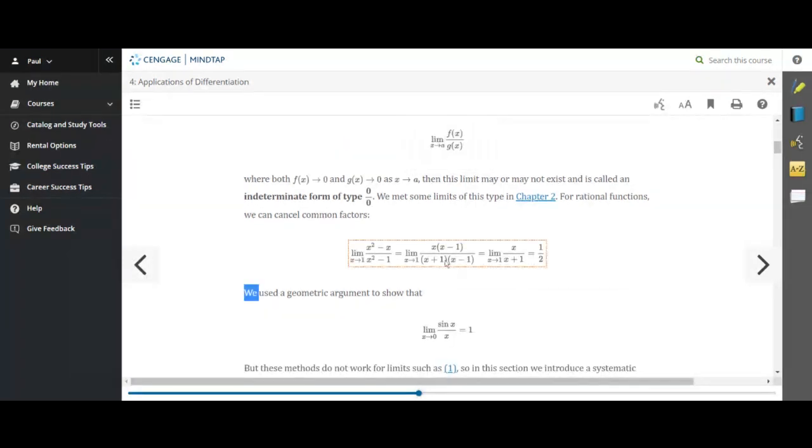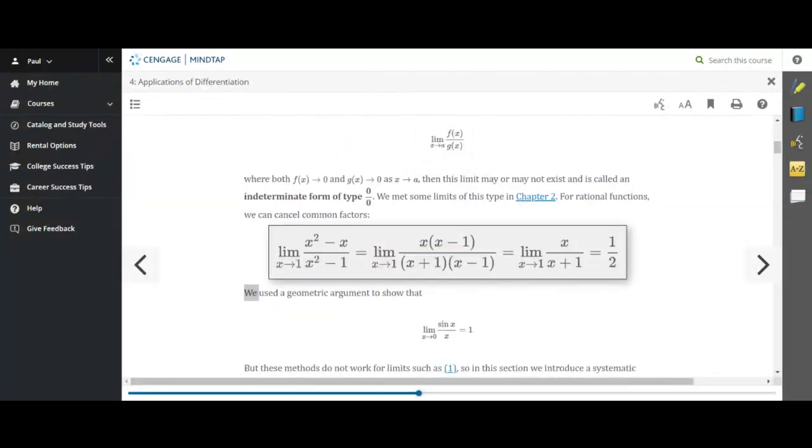For instance, this is a very famous example. If you have the limit of x squared minus x divided by x squared minus 1, and you let x approach 1, the numerator and denominator both approach 0. But you can factor the denominator, you can factor the numerator, and then through simplification, you get the limit being equal to a half. How many recall problems like that from Calculus 1 in the highlighted gray box there?